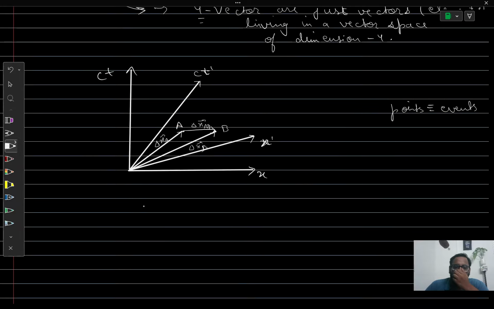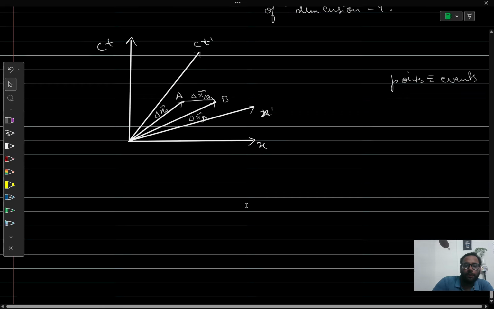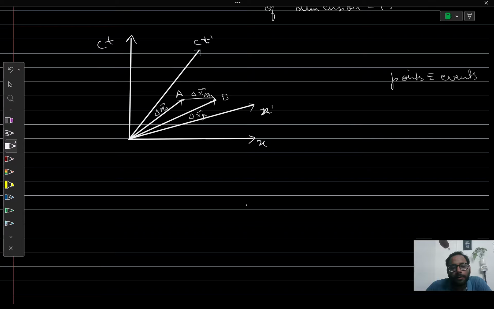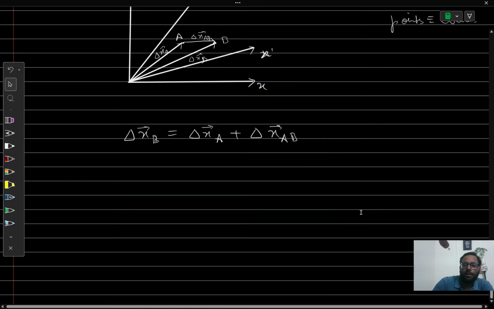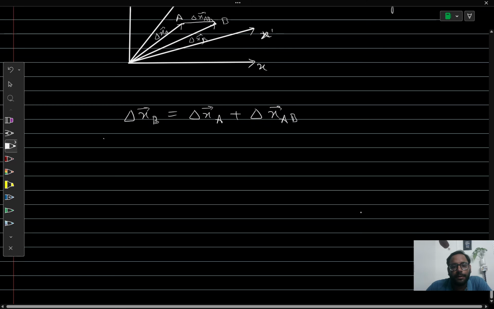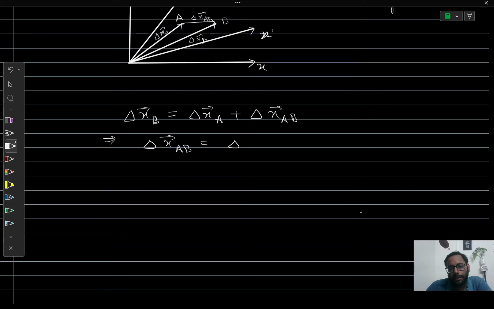Okay, so you can just see, like from triangle law, that this vector actually equals this vector plus this vector, from the law of addition of vectors, and you can just see that the displacement vector is given by this minus this thing, right?